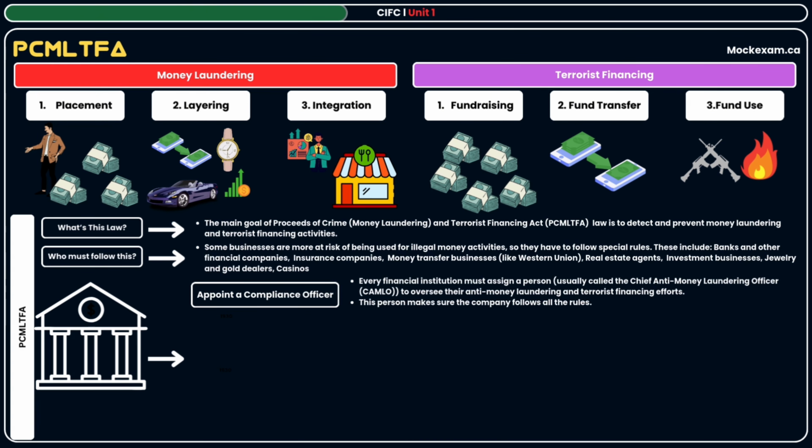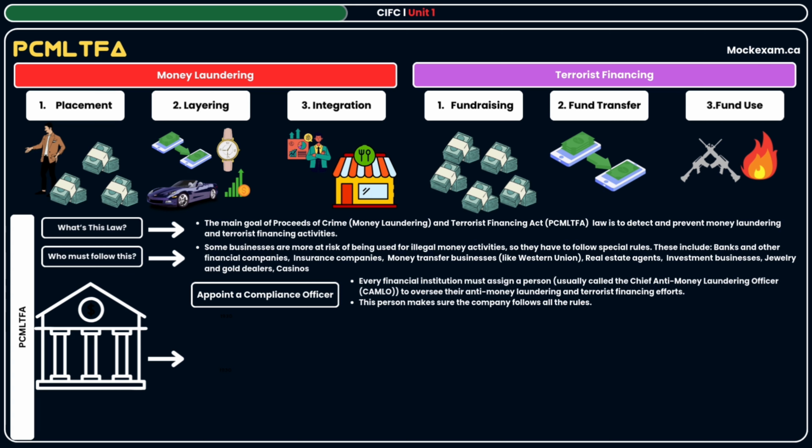Every financial institution must assign a person. That person's role is called Chief Anti-Money Laundering Officer, okay, to oversee their anti-money laundering and terrorist financing efforts. So in their firm, we have a role.